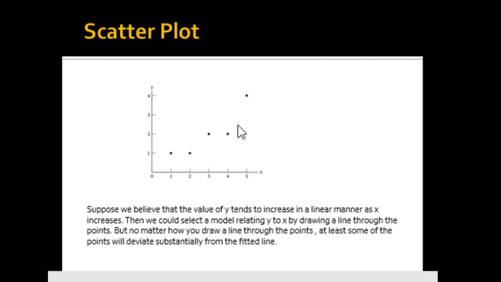As x increases, the y is increasing. And so we could try fitting a model here, which is a straight line model. Okay, so the line that we will fit will obviously not be a line which will touch all points. There will be some deviation of these data points from the line that we will fit.